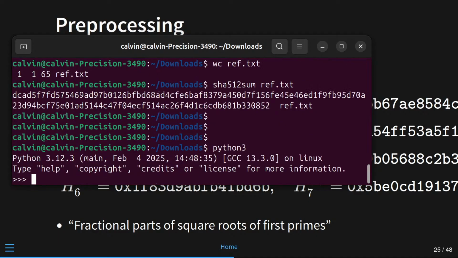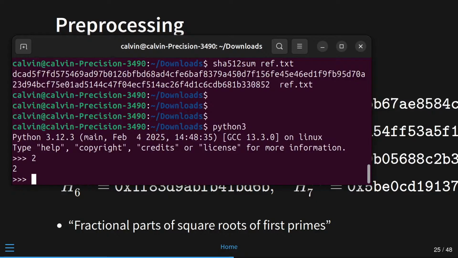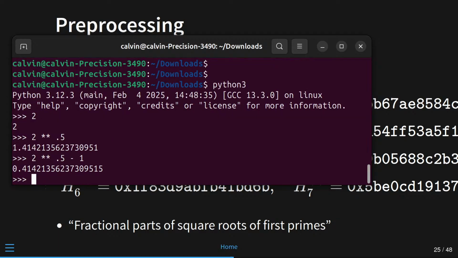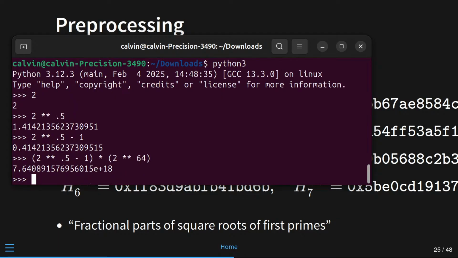Can I do this in Python? I think. So if I take 2, and I take the square root of 2, and I take the fractional component of the square root of 2, that's 0.414. And if I want to express that as a 64-bit value, I'll multiply that by 2 to the 64.